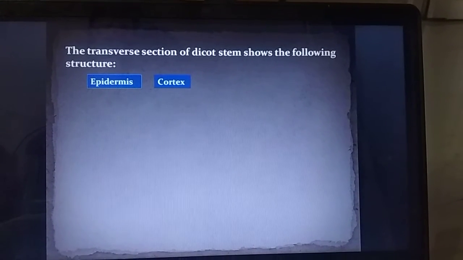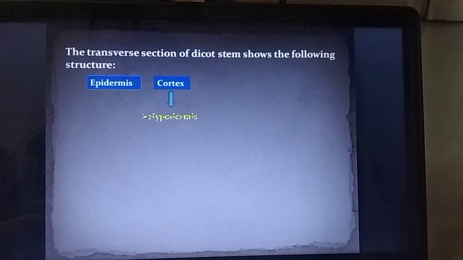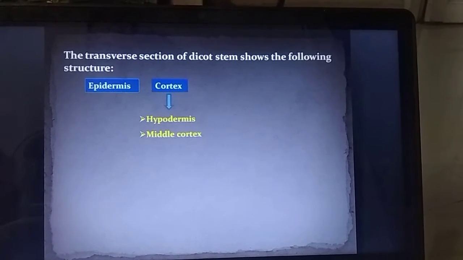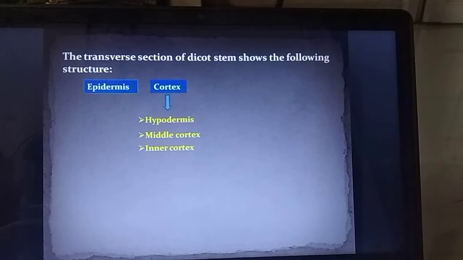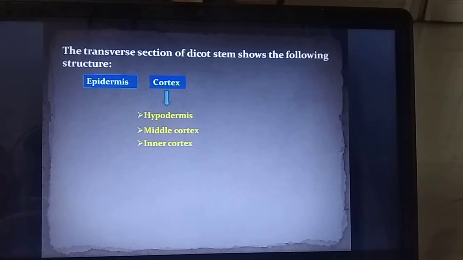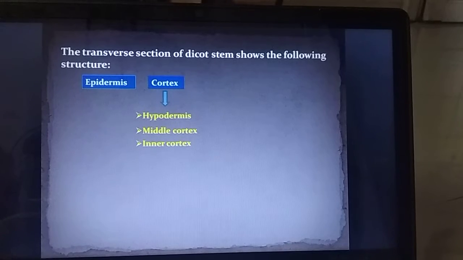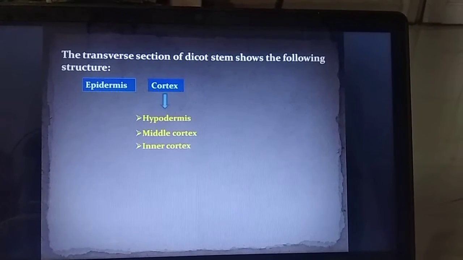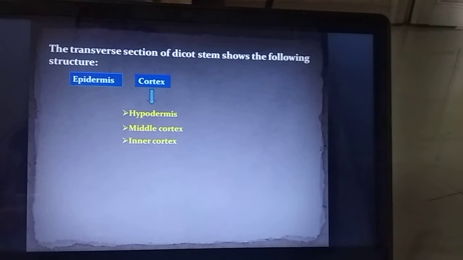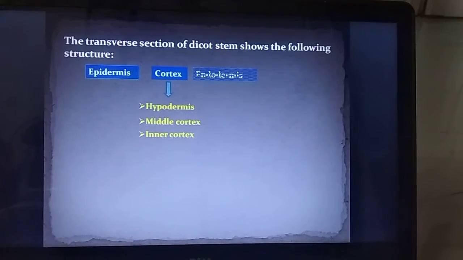Cortex is divided into three parts: hypodermis, middle cortex, inner cortex. The three parts together are called cortex.